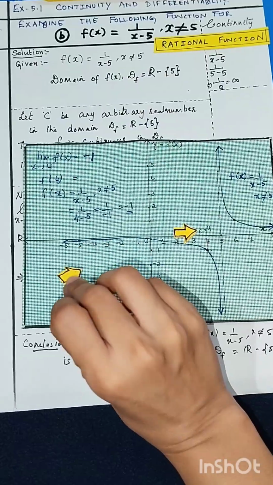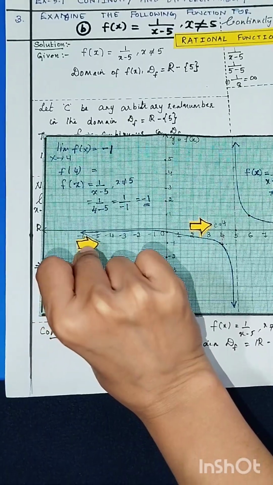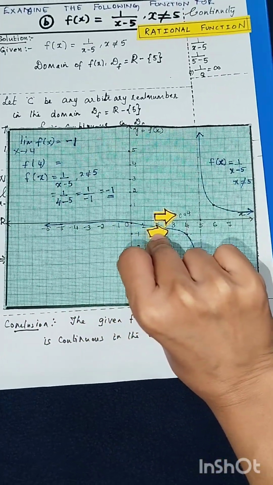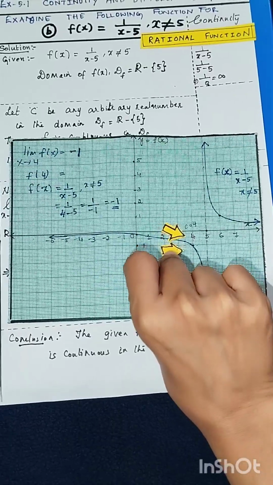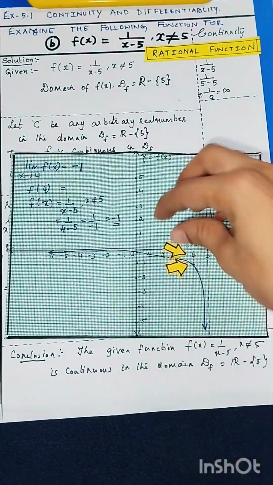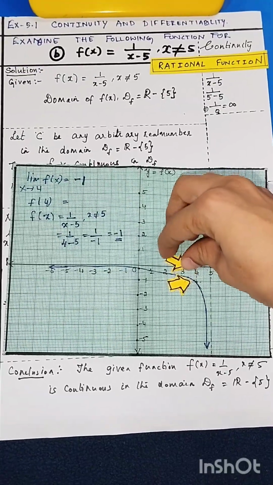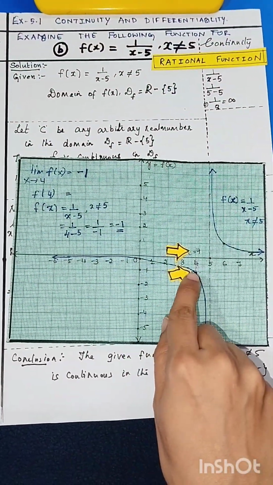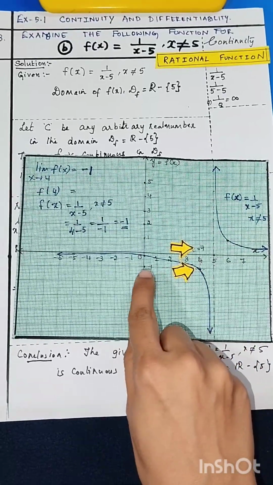If you observe the graph of the function, it is approaching one point, that is minus 1. So if you approach 4 from the left, the graph of the function is approaching minus 1, that we get from the y-axis.